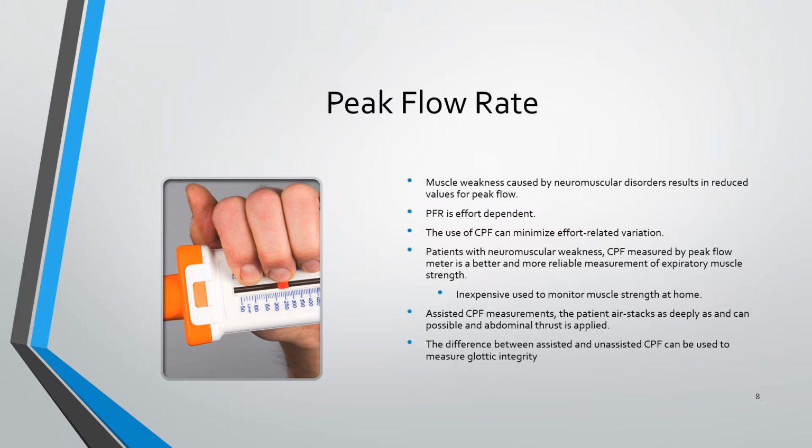In other words, they take little deep breaths, they stack them, and then you give a little abdominal thrust. As the patient's ready to exhale, you push on the abdomen, and you can get a better value. The difference between an assisted and an unassisted CPF can be used to measure glottic integrity. So glottic integrity can change in each type of case.